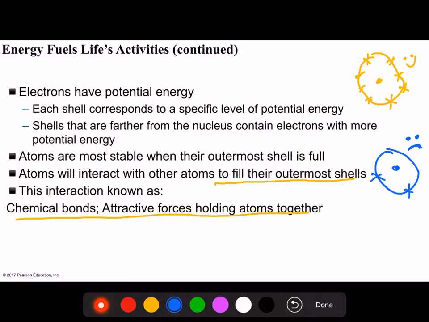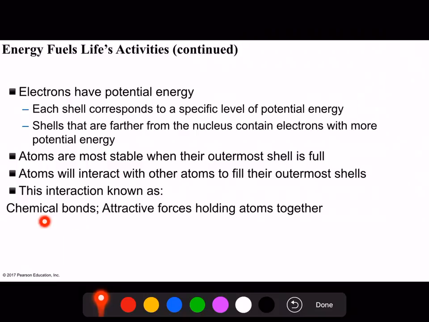So it will try to do whatever it can, either get other electrons or get rid of these electrons, to get 8 electrons in the outermost shell, whether this outermost shell is the third one or the second one. Okay?